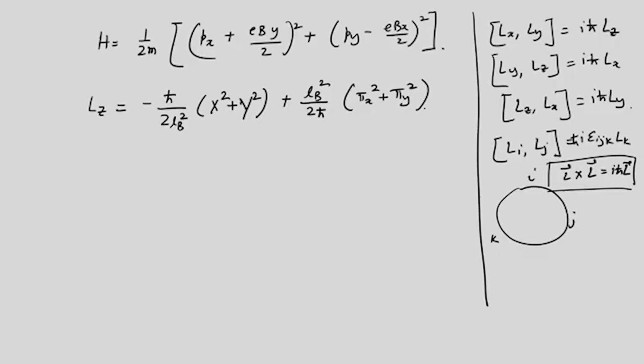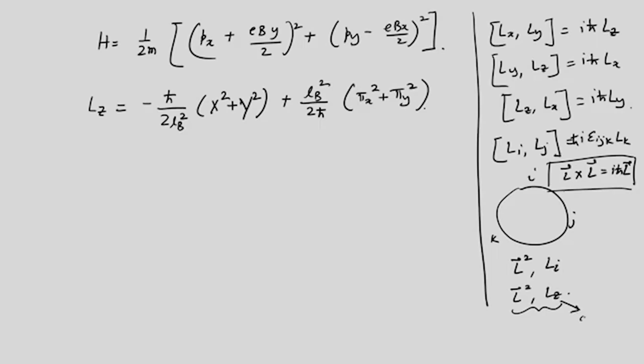And then there are many relations, like L squared commutes with all components of Li. We pick up L squared and Lz to be the basis for solving the second order differential equation that arises out of the angular momentum vector, or rather the square of the angular momentum, because Lz has a very simple form.